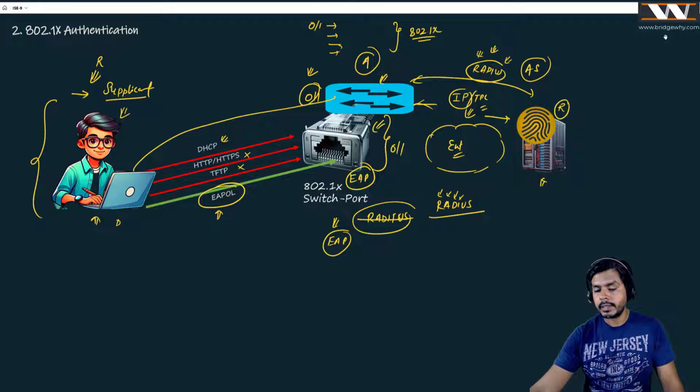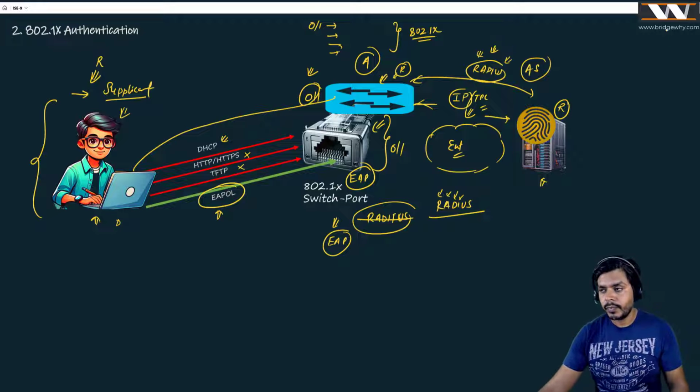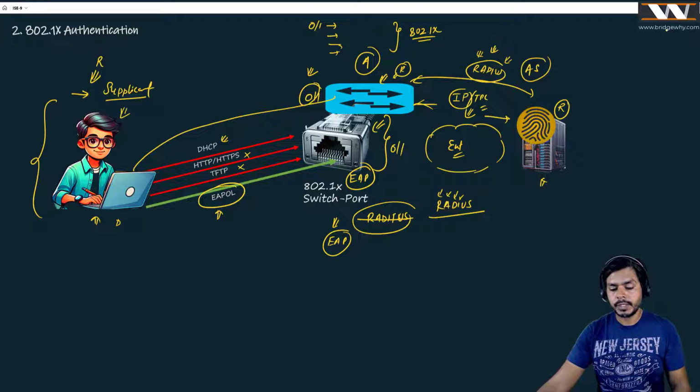ISE understands RADIUS and this switch understands RADIUS. That is why whatever you are sending is going to be opened by ISE. The interesting thing is that there are 4 or 5 messages in RADIUS which we are going to study. One message is the RADIUS accept message.